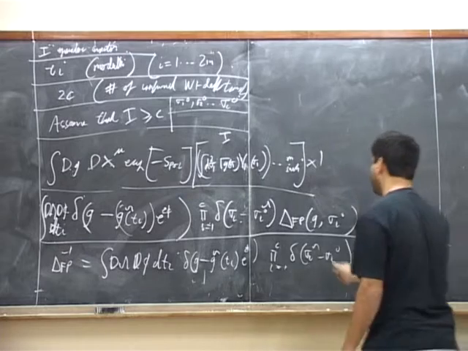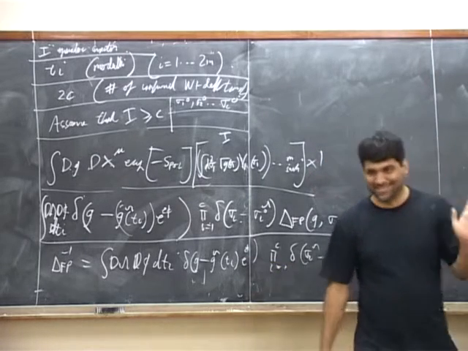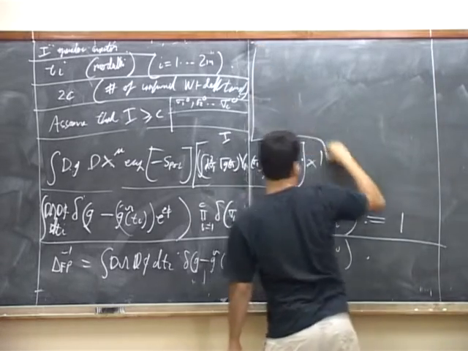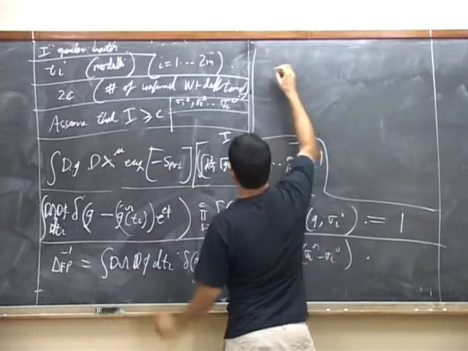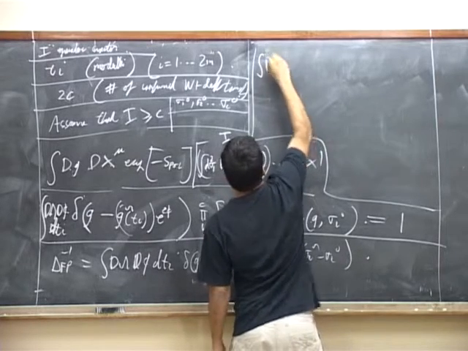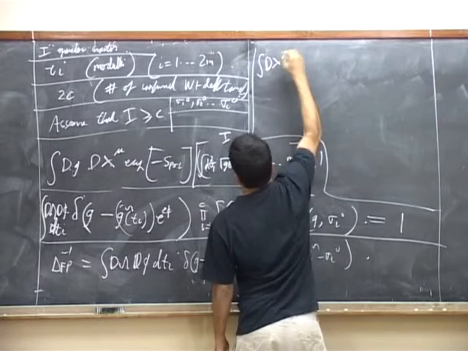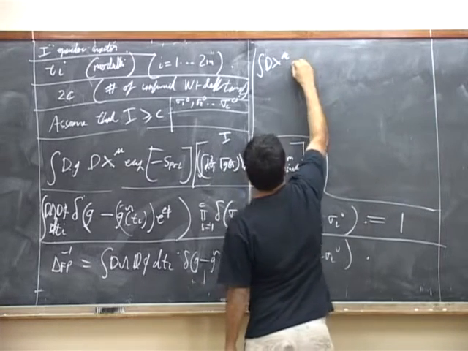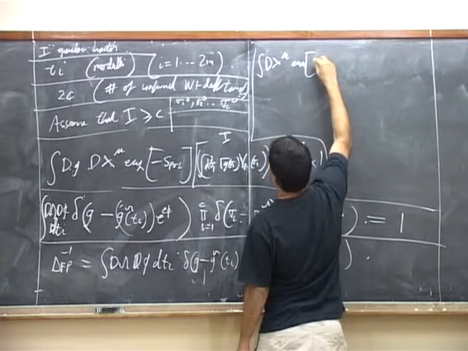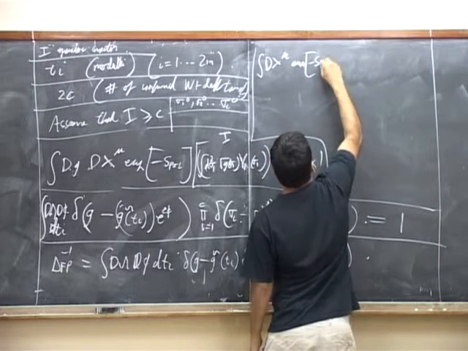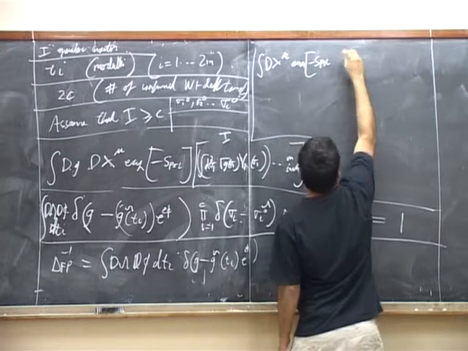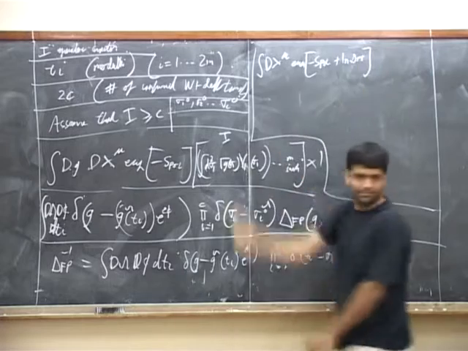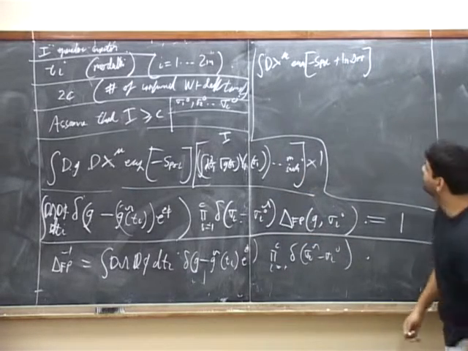So once we've calculated this delta_FP, whatever it is, what would we have found? We would have found that the integral we want to do is simply an integral over dX^mu, of the exponential of minus S plus log delta_FP, putting that in the exponent.